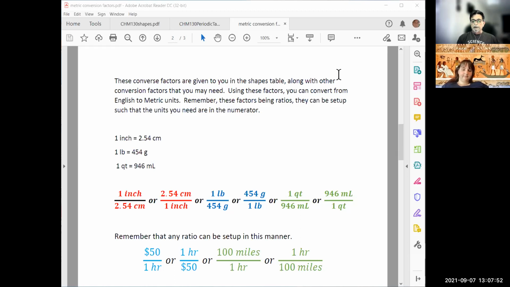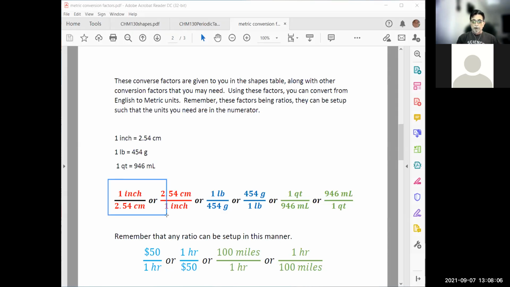But keep in mind that it is a ratio, and being a ratio, I can set it up in 1 of 2 ways, with inch in the numerator or inch in the denominator, okay? And the same is true for the other conversion factors. 1 pound is equal to 454 grams. 1 quart is equal to 946 milliliters, okay?